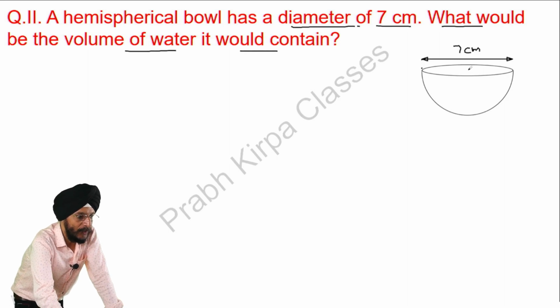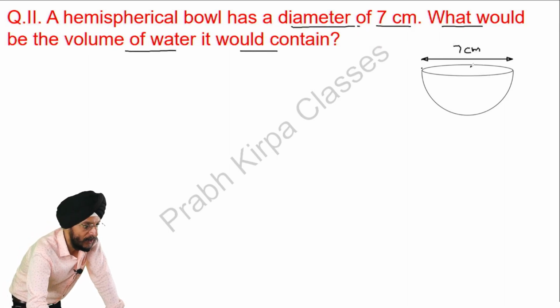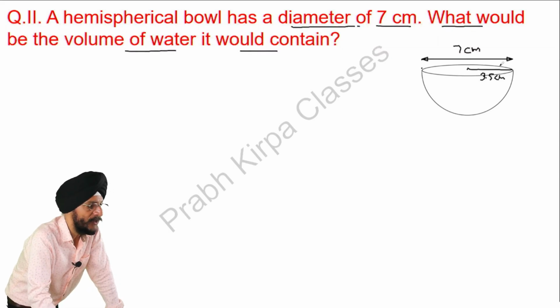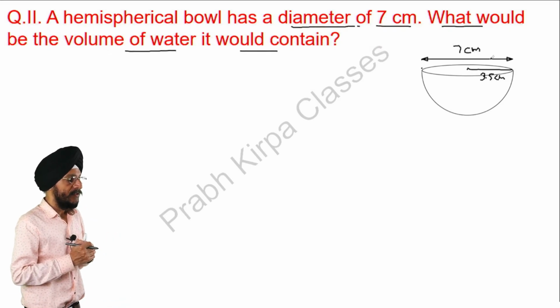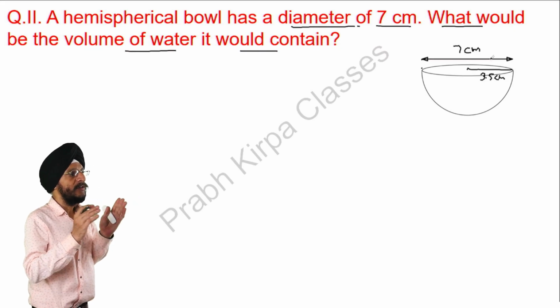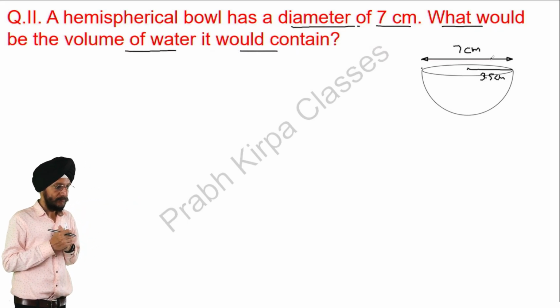For the purpose of calculation of volume, we will have to calculate the value of r. R means from the center point to this point. This is r, and it will be half of the diameter, and it will be 3.5 centimeter. Now what we have to calculate ultimately is the volume of water the hemispherical bowl would contain.